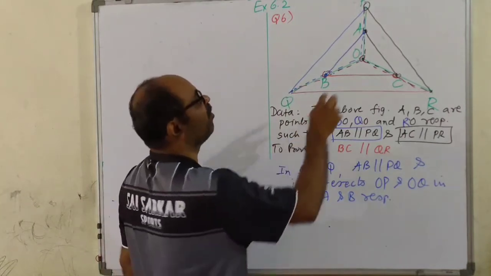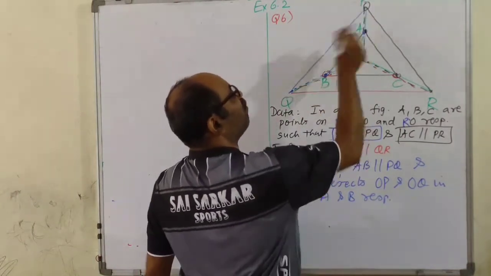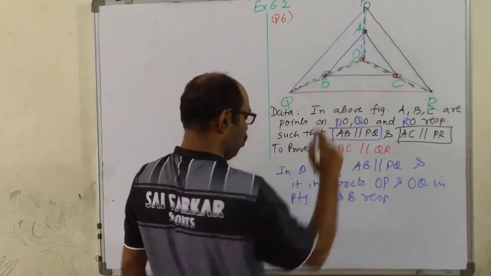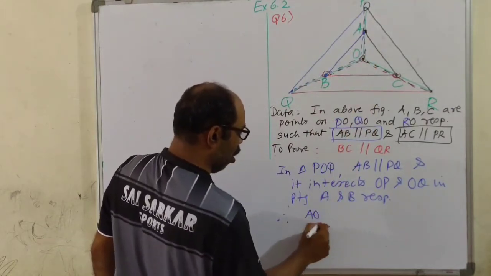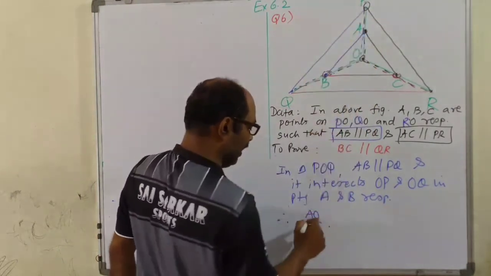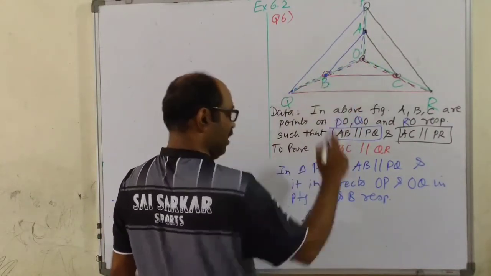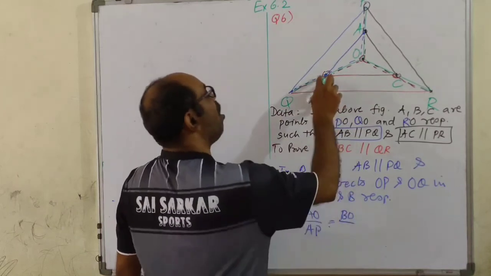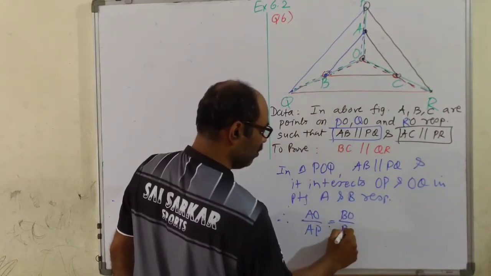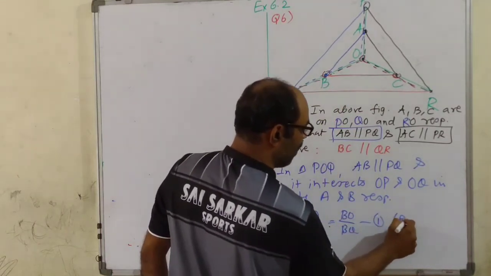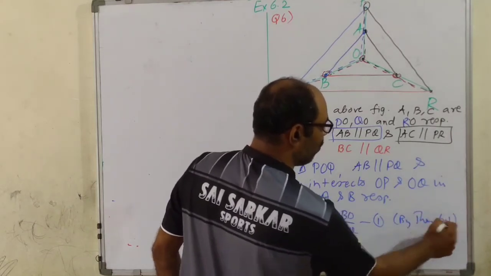Therefore, by theorem 6.1, children, this common side of both the triangles, AO upon AP is equal to, this side, BO upon BQ. Result 1 by theorem 6.1.